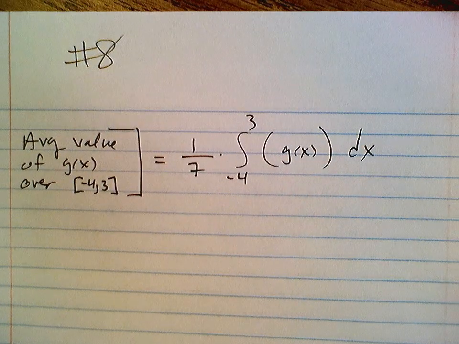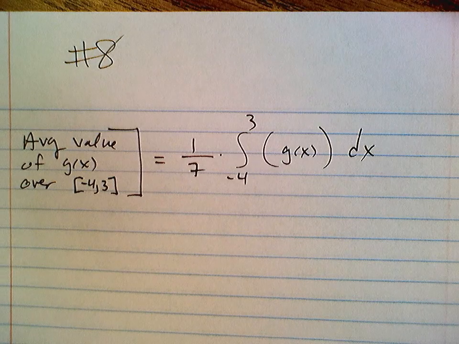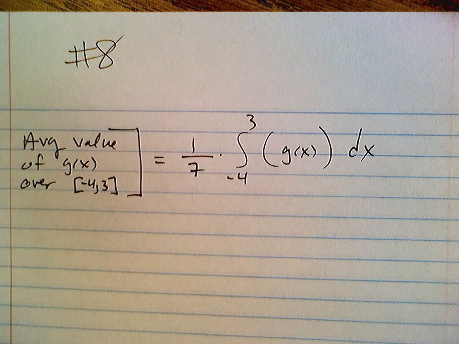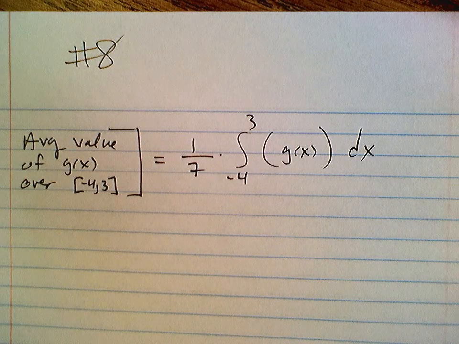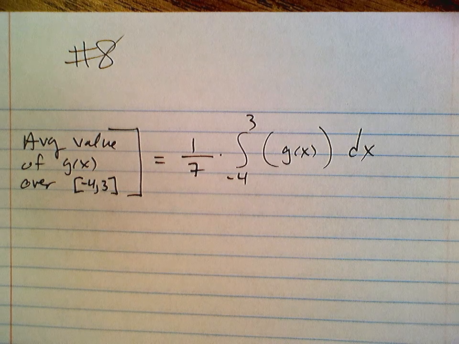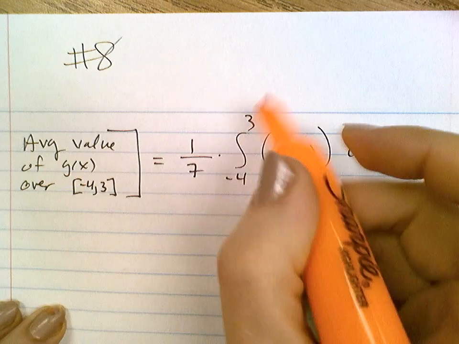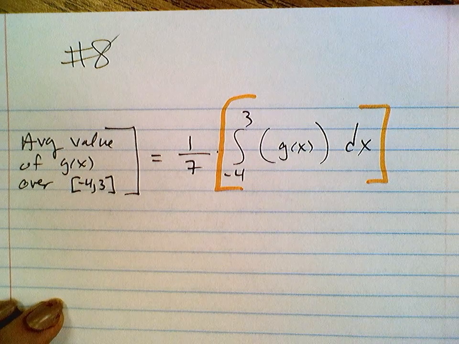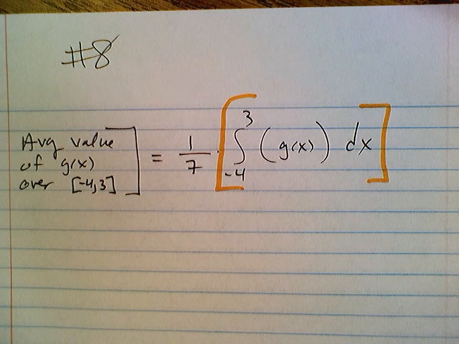Now this is why I'm going to have to tell you to use a left endpoint or a right endpoint Riemann sum to evaluate, because this here, we're going to have to get an approximation for, all right?